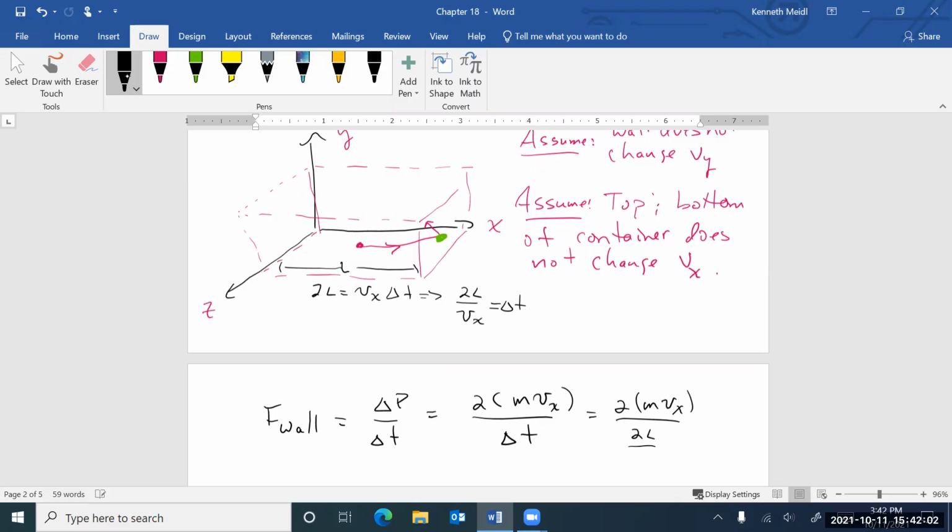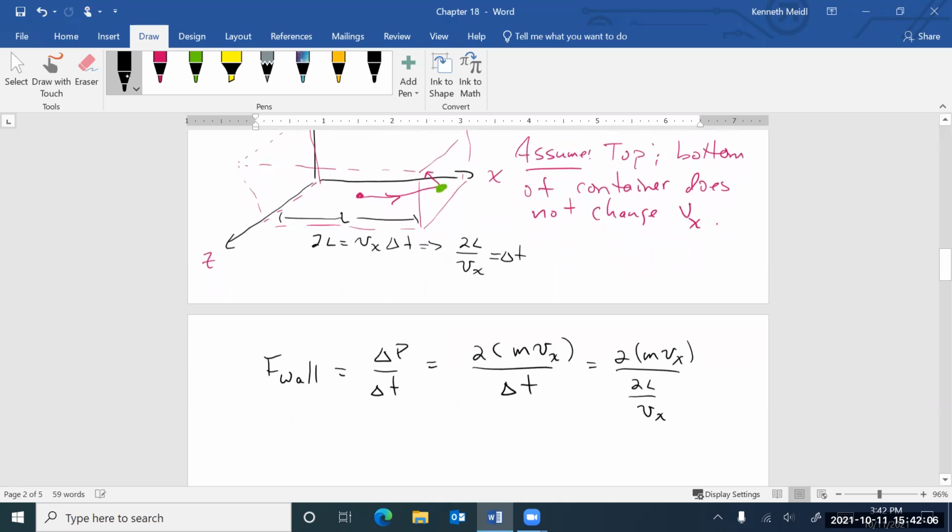So I'm going to put in 2L all over the velocity in the x direction and see what that leaves me. I notice that the 2's cancel, and I've got a Vx times a Vx here. And so what I really have is an m Vx squared, and then on the bottom, you're just left with this L here. Okay.